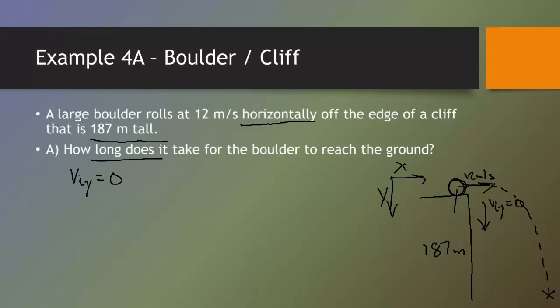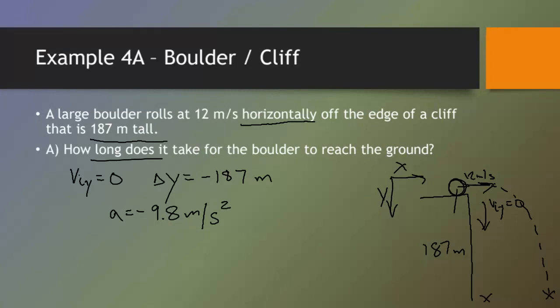We don't know what that final velocity is, but we do know how far it has to fall. It has to travel downwards 187 meters. We also know the acceleration to be negative 9.8 meters per second squared.